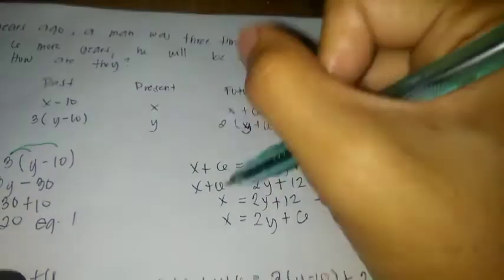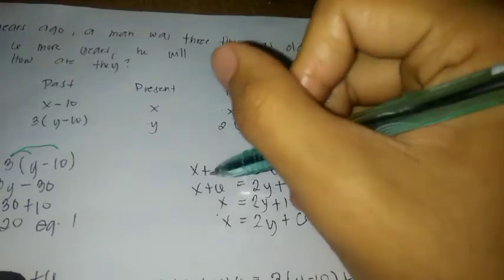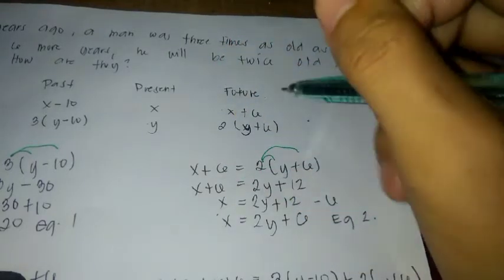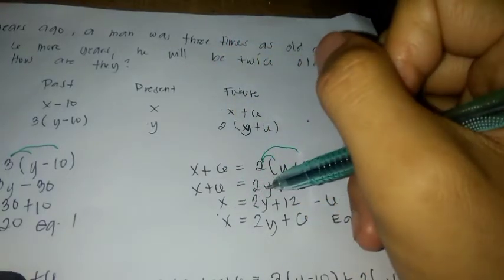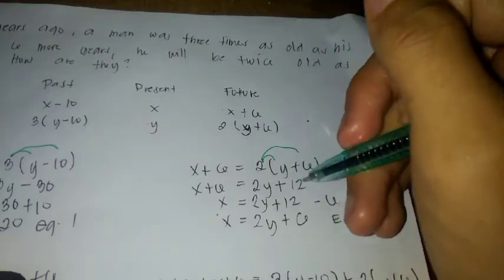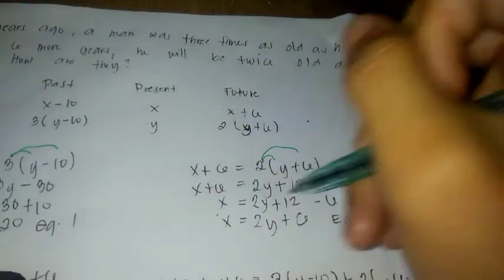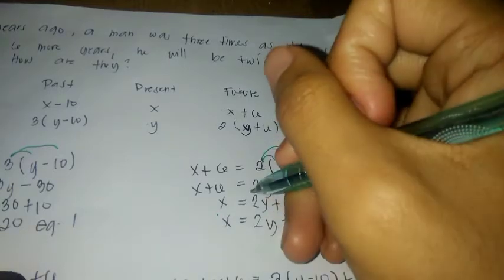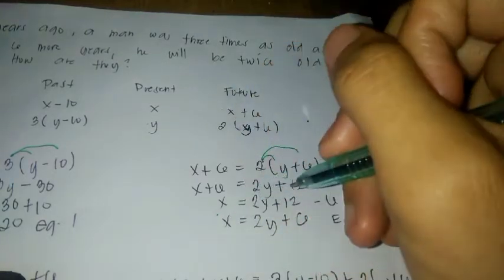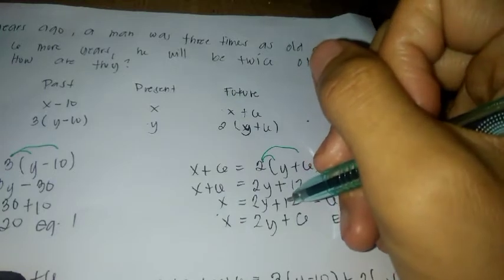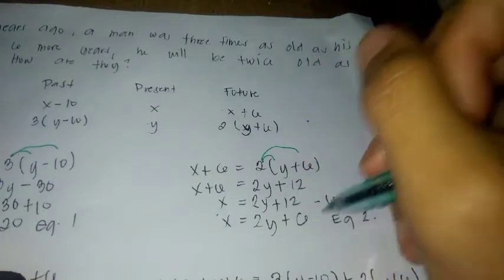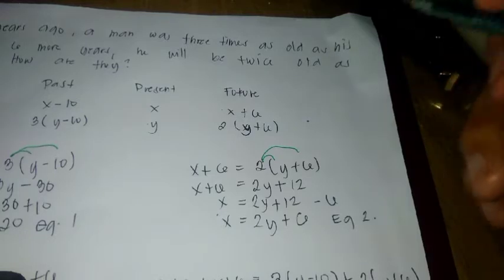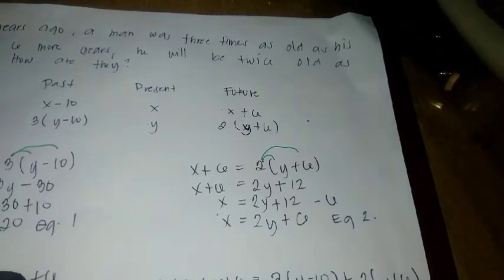And then, let's copy the x and transpose the positive 6 to the other side. So x equals copy the 2y plus copy the 12. And let's turn it into negative, so we have negative 6. So x equals 2y plus 6. So that's equation 2.